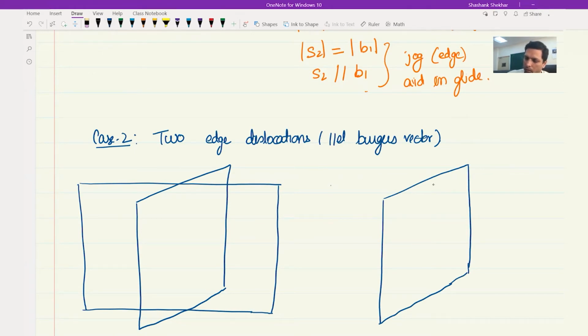So I have already drawn the two, the before and after planes.